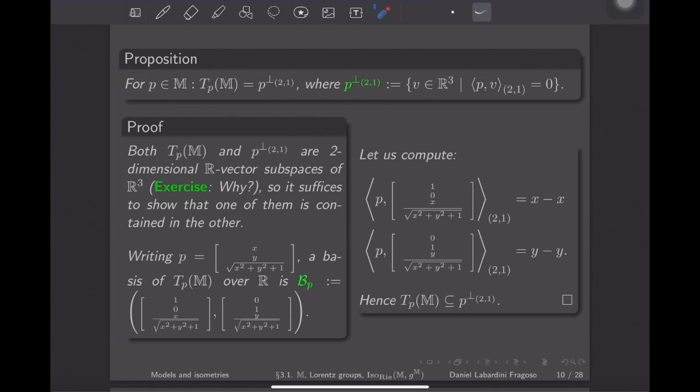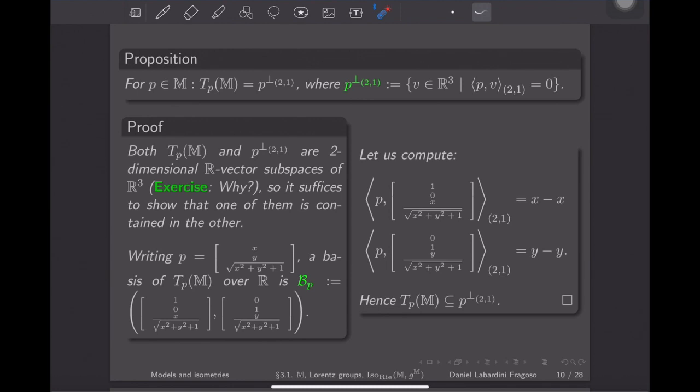So because the form is non-degenerate, this one cannot be three-dimensional, so it can only be less than three-dimensional. But then for basic linear algebra reasons, it has to be exactly two-dimensional.